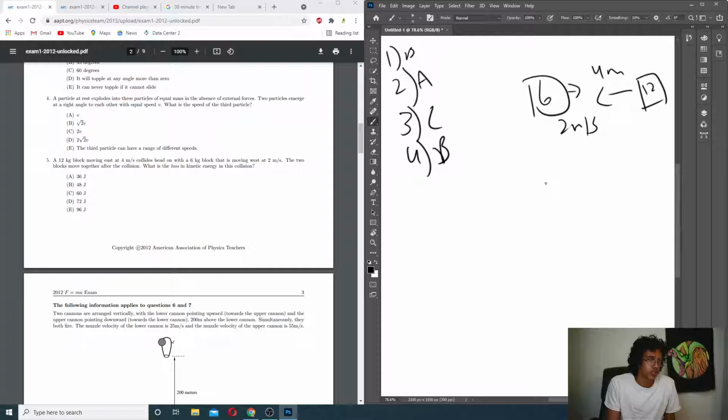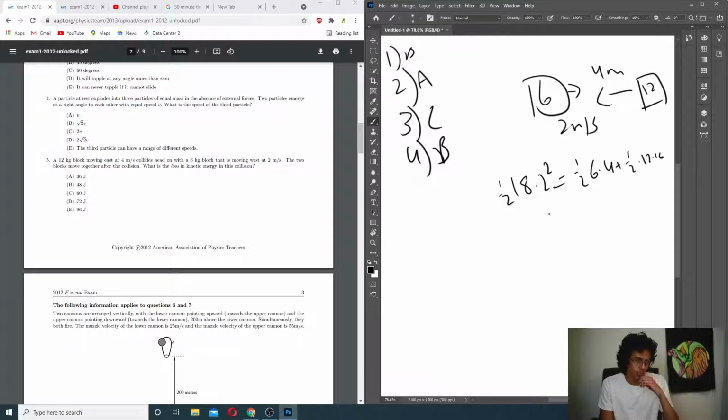So you basically have 1/2 times 18 times 2 squared. That's your new kinetic energy. And then your old kinetic energy is equal to 1/2 times 6 times 4 plus 1/2 times 12 times 16. We want to simplify this, so we could get rid of the halves. Divide out a 4. Could we divide out a 6? Yeah, in fact we could divide out an 8.